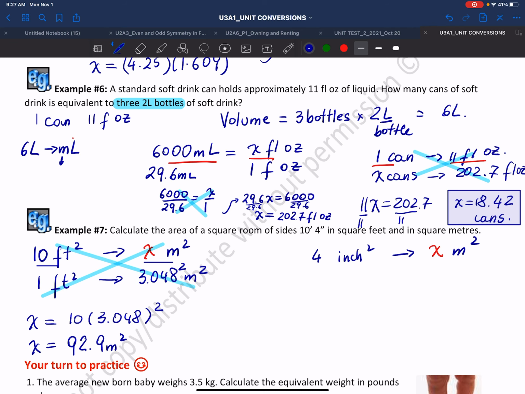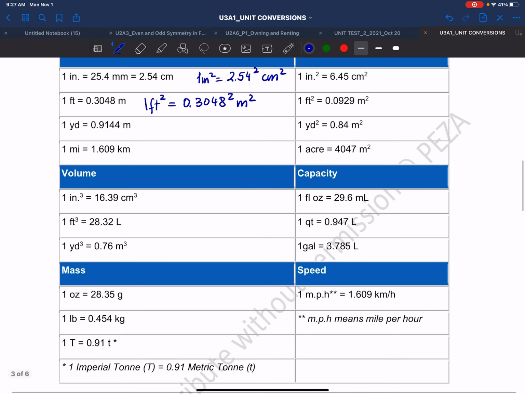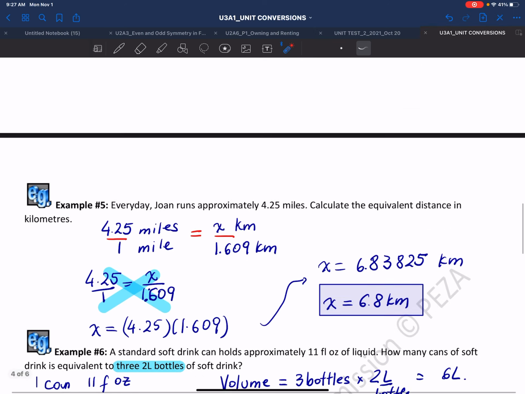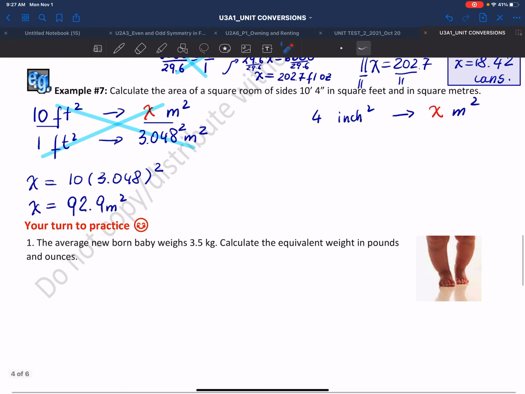Now we have to convert inches into meters squared. So we have 1 inch into centimeters. We want meters squared, so we'll say that 1 inch is 2.54 centimeters.